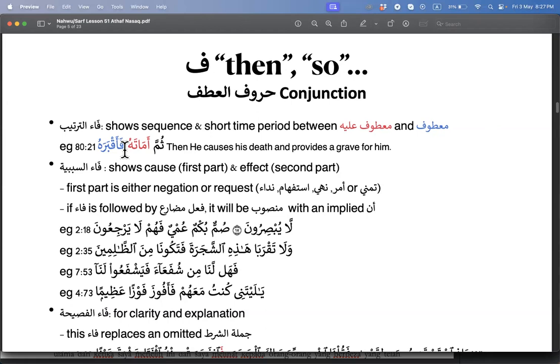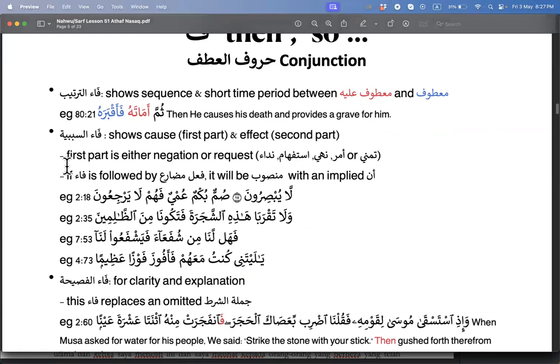Then we have fa sababiyah. Fa sababiyah is technical, in the sense that sababiyah means cause and effect. The first part is the cause, the sebab, and the effect is the second part.